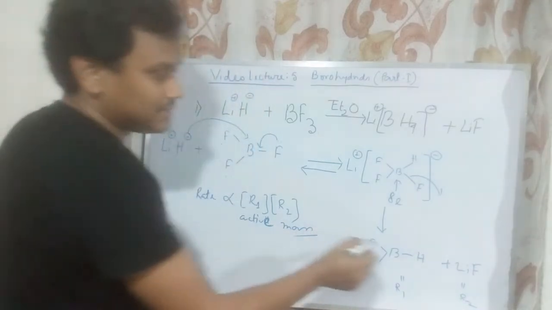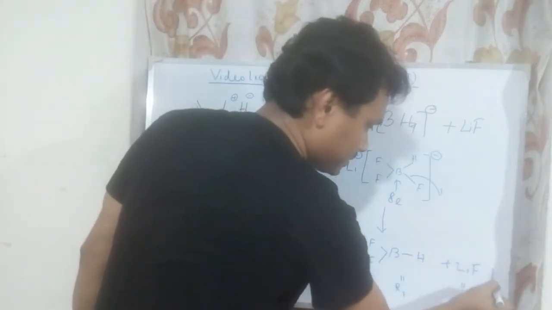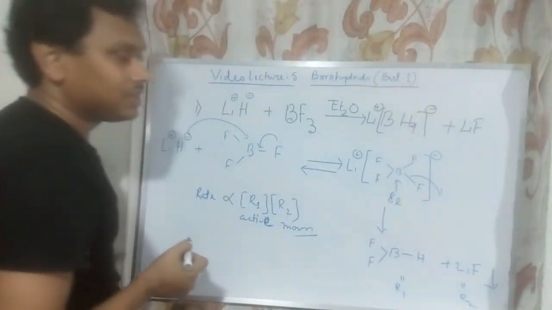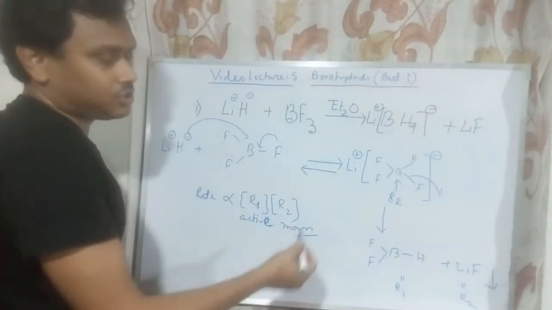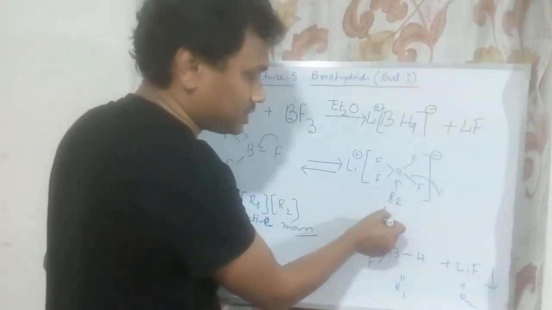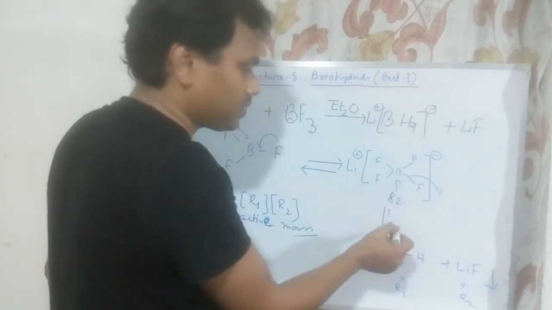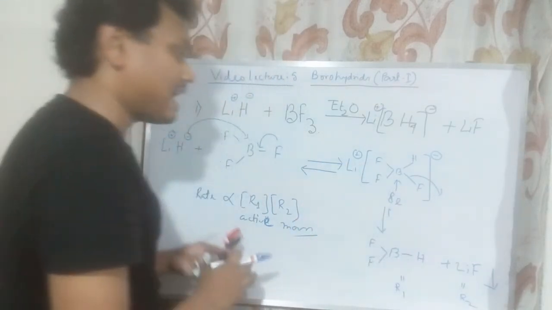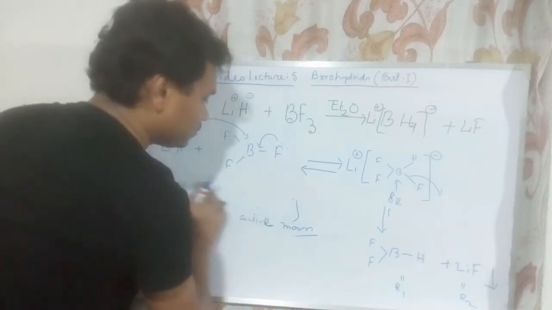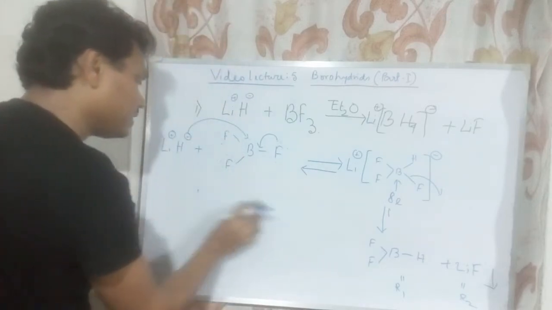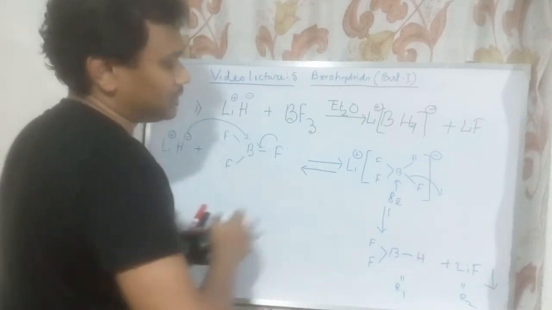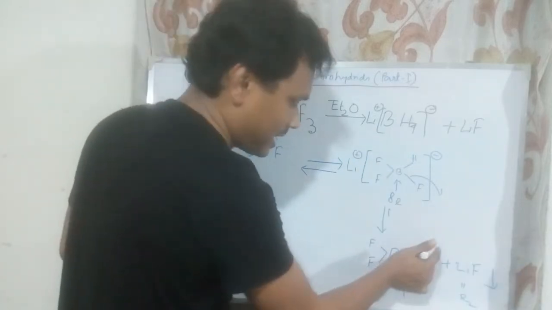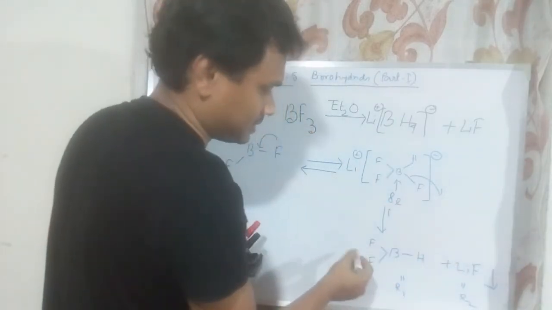Since it is precipitated out from the reaction medium, it is present in a very small amount, so the probability of the reaction going backward is very low, and that indicates that the reaction will go forward. So whatever lithium fluoride is produced precipitates out from the reaction.